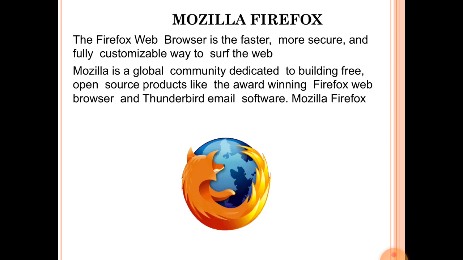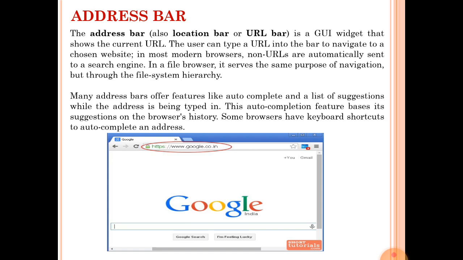Next is address bar. What is address bar? Address bar is known as location bar or URL bar. Why is it known as location bar or URL bar? The user will write the URL, uniform resource locator, means the address of the web page or website. The URL address is written in the address bar.